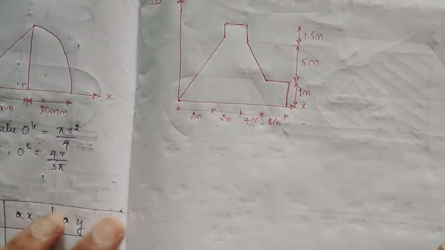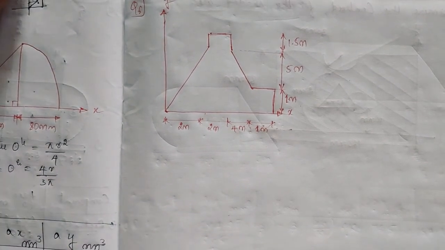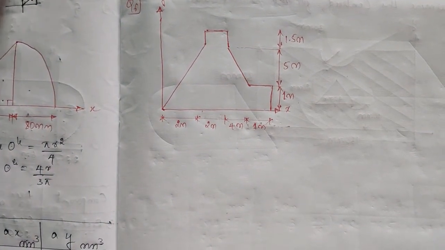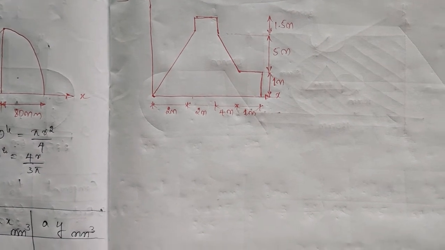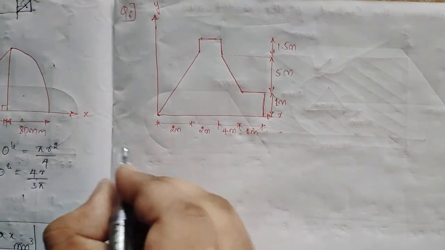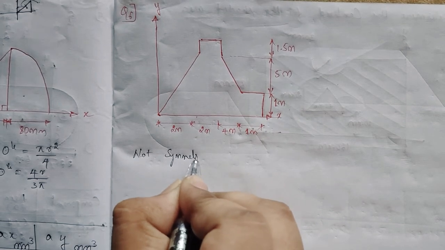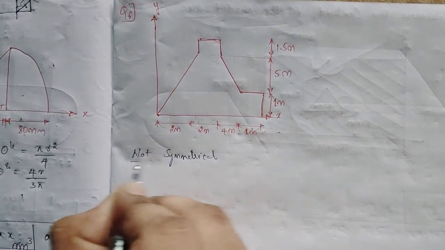Okay, so see here, this one is given, I'll solve it directly. I'll leave the calculation to you. This figure is not symmetrical about any axis, right?